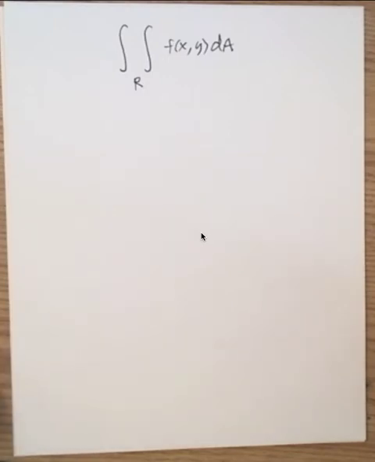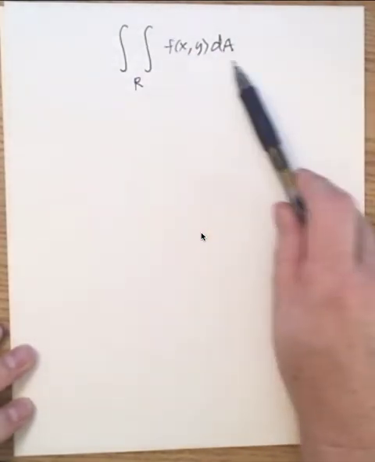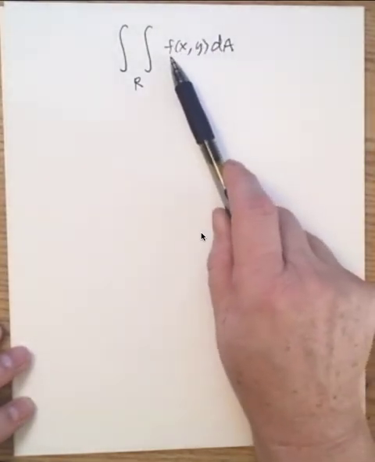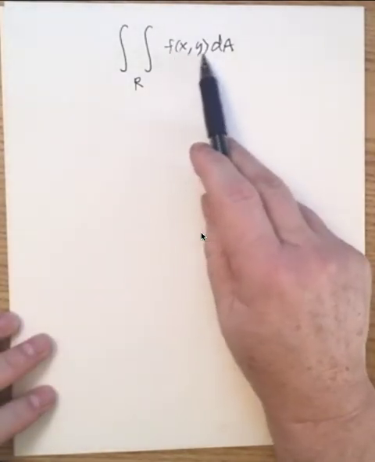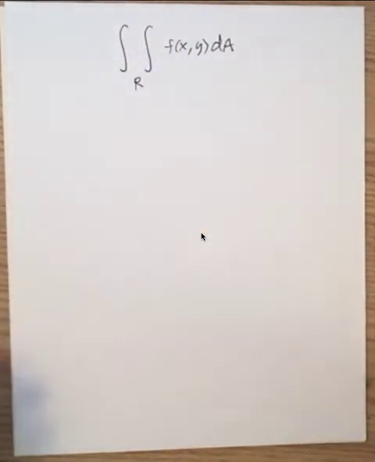Now, something I want to emphasize right off the bat is, here, this f of x, y, we could always interpret as a volume, just like we did in our previous example, but that isn't necessarily the natural interpretation in some cases. For example, suppose f of x, y represents a mass density at various points in some sort of thin laminate or thin plate.